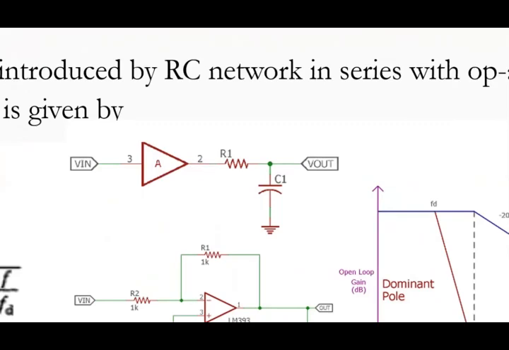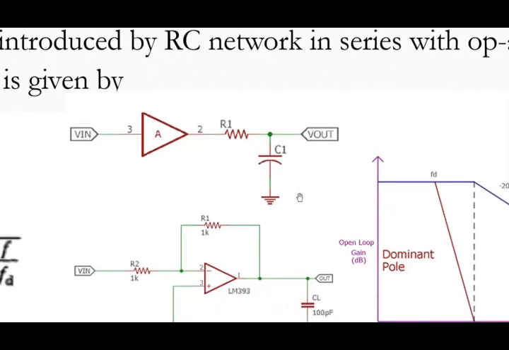We give this output to a compensating circuit, a combination of R1 and C1, nothing but an RC component, in which R is connected in series and C is connected in shunt. When this RC component is added to the operational amplifier, there will be a roll-off.